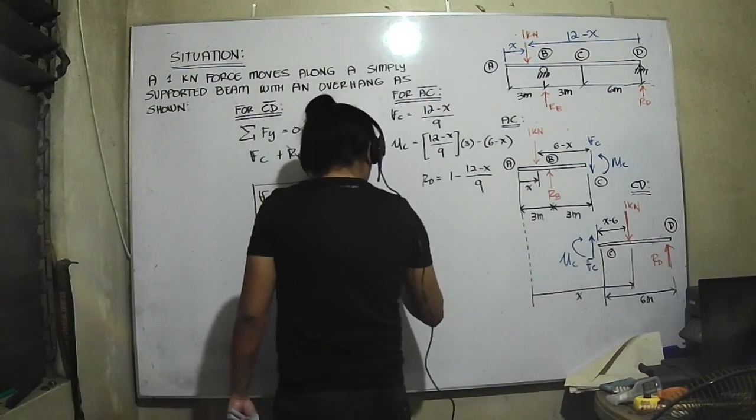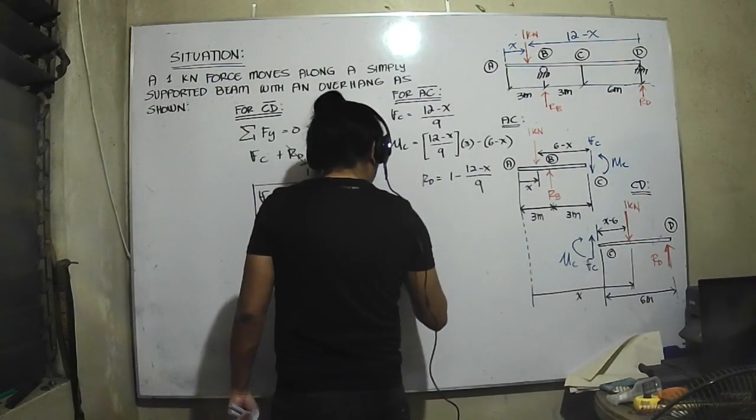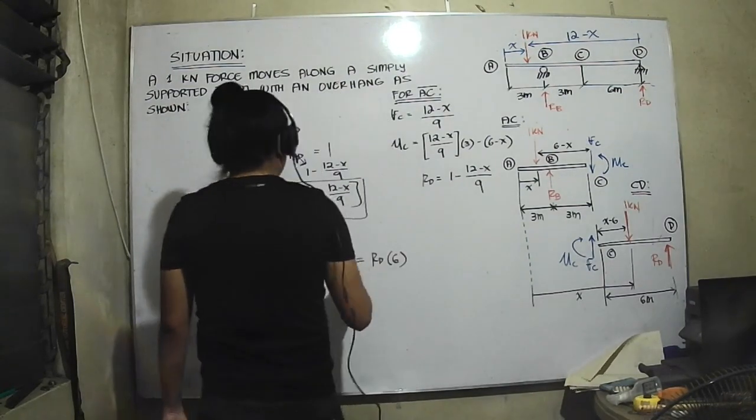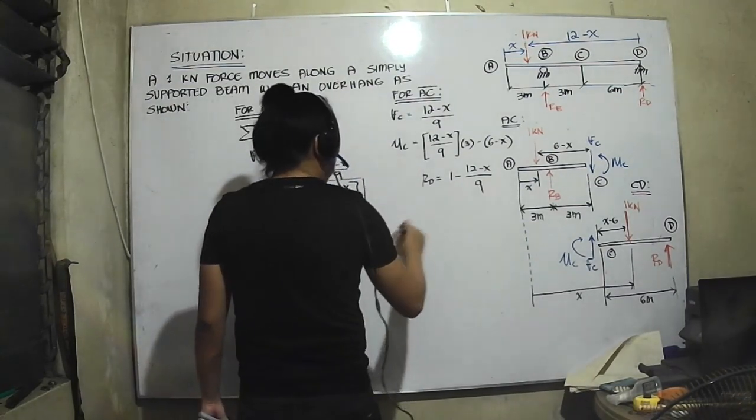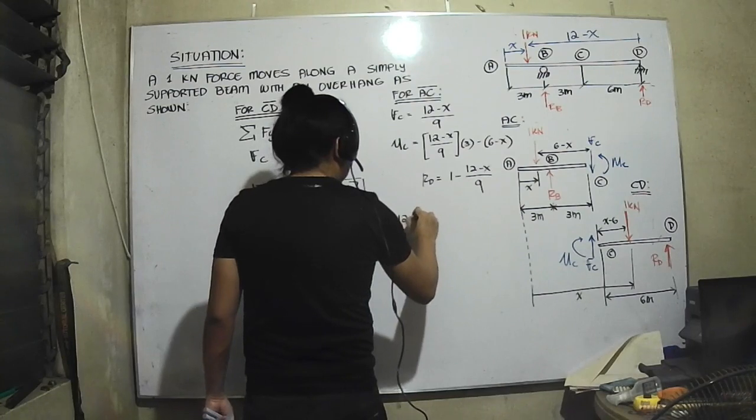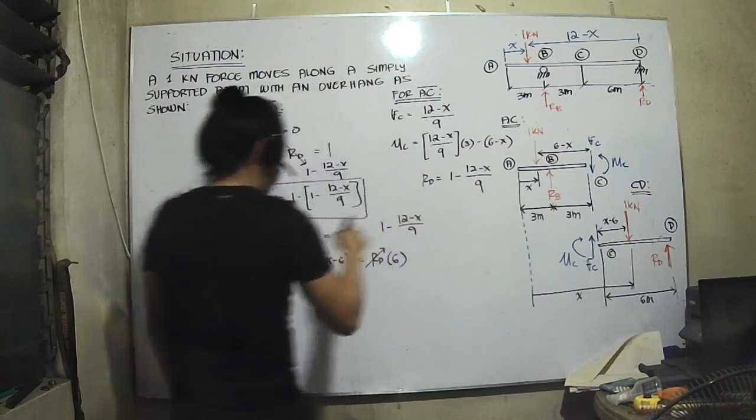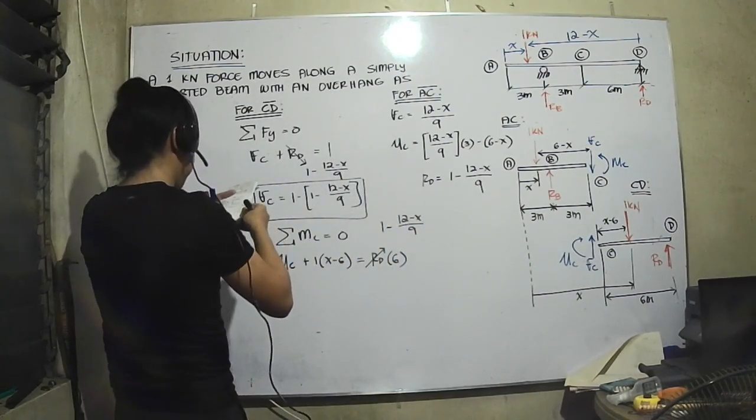So RD times 6. But we already know what RD is. RD is equal to 1 minus (12 minus x) over 9. So let me simplify it.